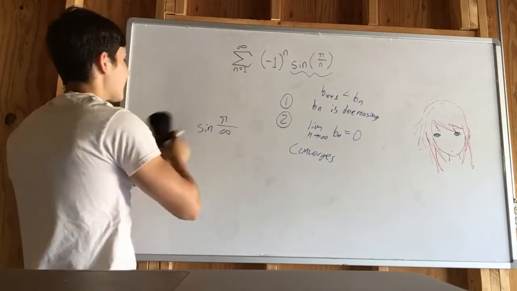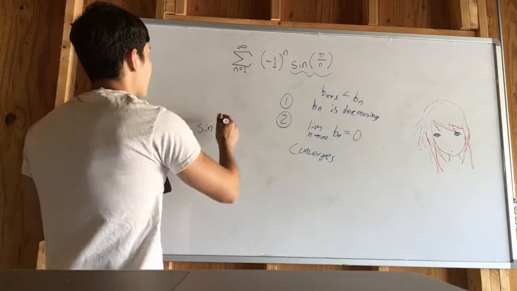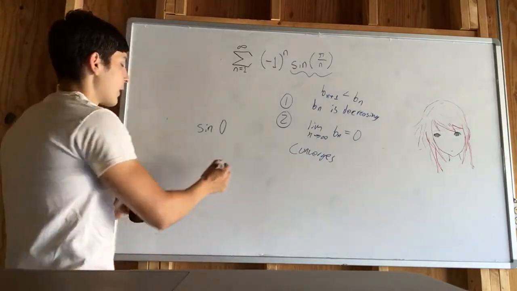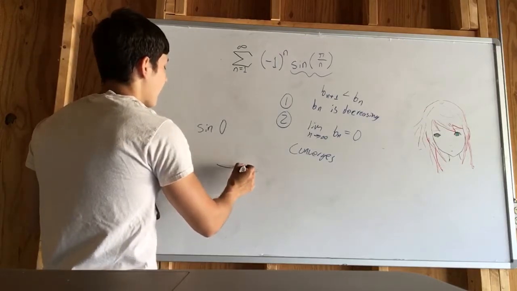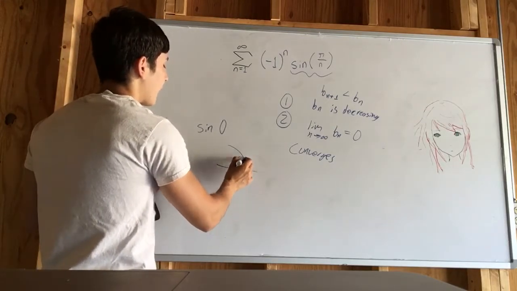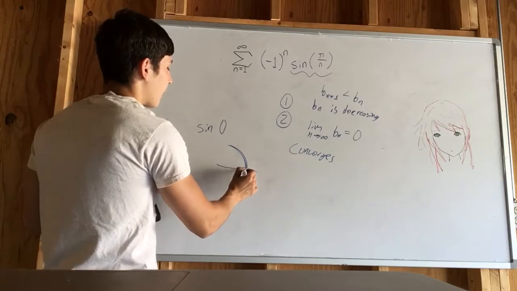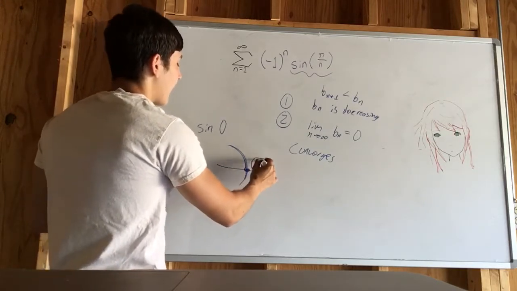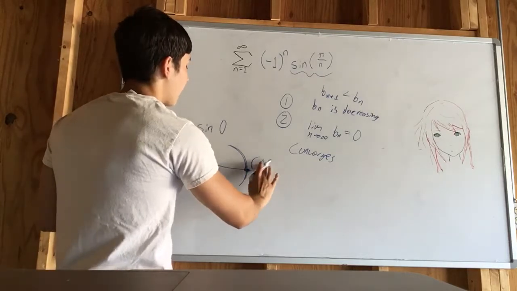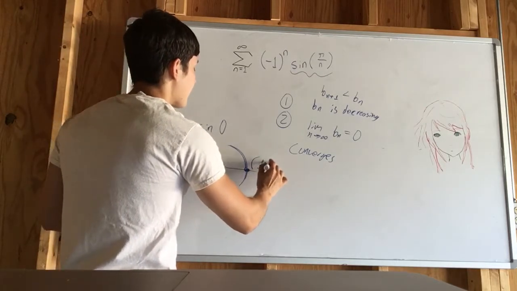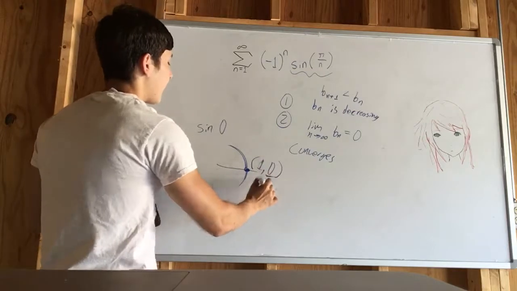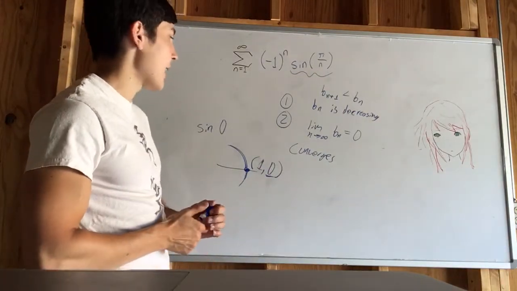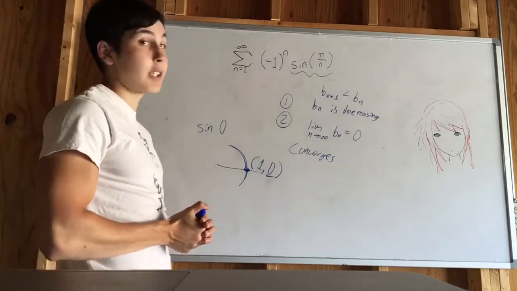And so you would be taking sine of 0, because pi is just a constant divided by infinity would give you 0. Sine of 0, we know, is right here on the unit circle. That's 0 radians, and the value for sine is 0. So it passes both tests, and therefore it converges.